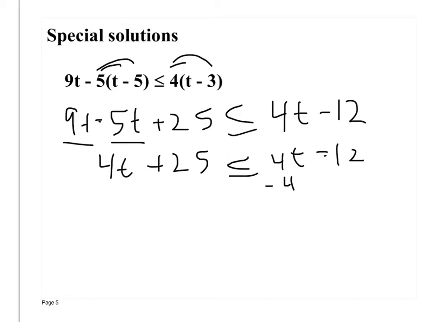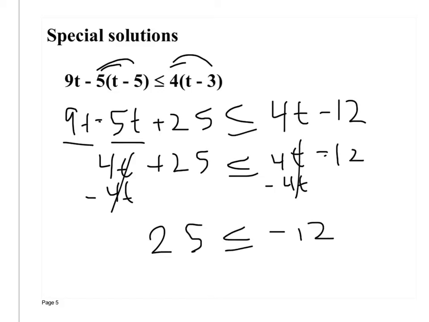So we subtract the smaller one, which they're both the same, so it doesn't matter. You have this. 25 is less than or equal to negative 12. Is that a true statement? No. So what this means is there's not a number for t that'll make this a true statement. So it's no solution. Or they also will write empty set, meaning there's not a number that goes in for t that will work.